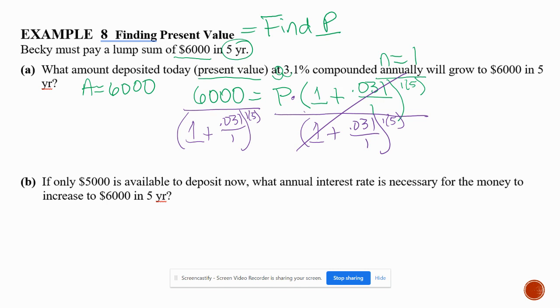And so we would find out 6,000 divided by all this business with the 1 plus 0.031 to the 5th power. And we end up knowing that we need to invest roughly $5,150.60 to get $6,000 in 5 years to be able to pay off our lump sum loan.